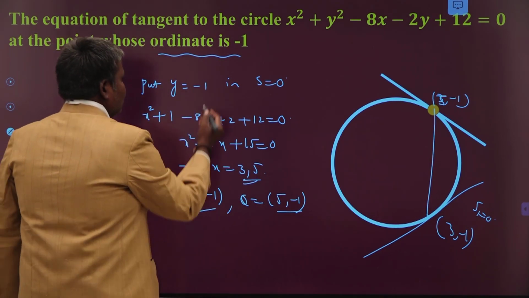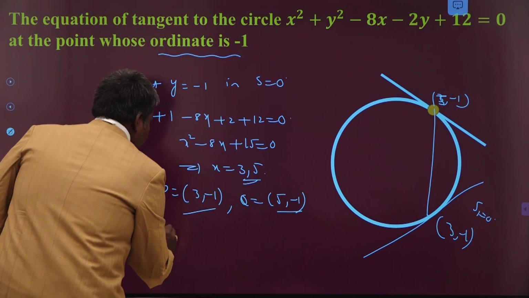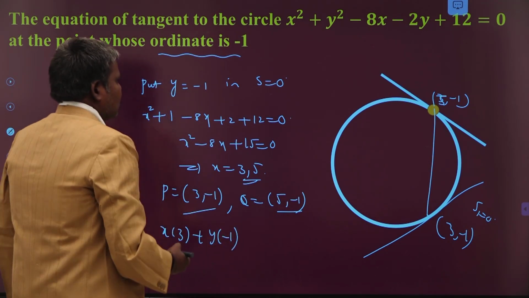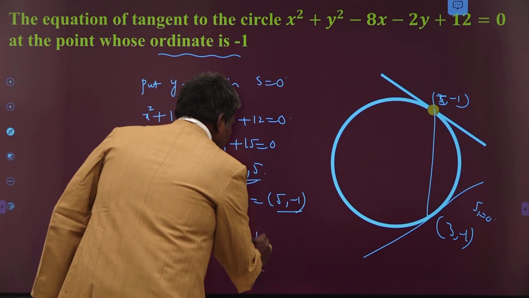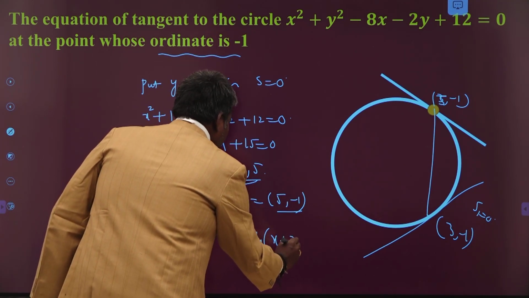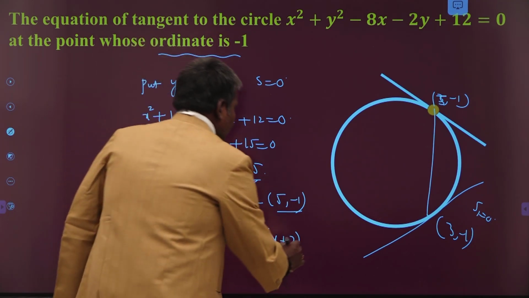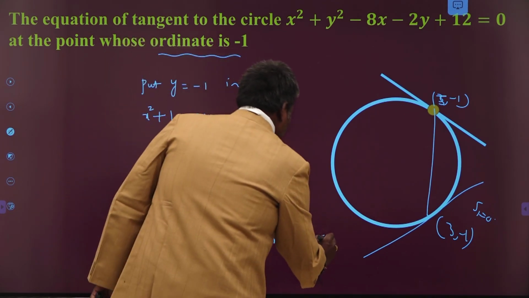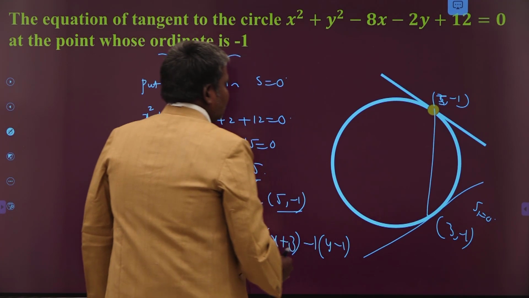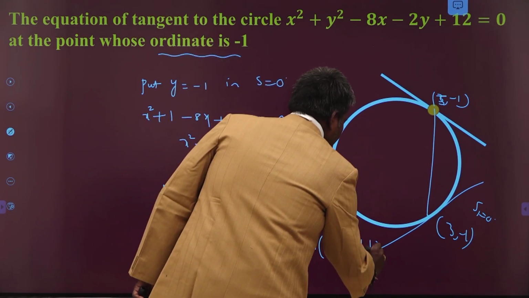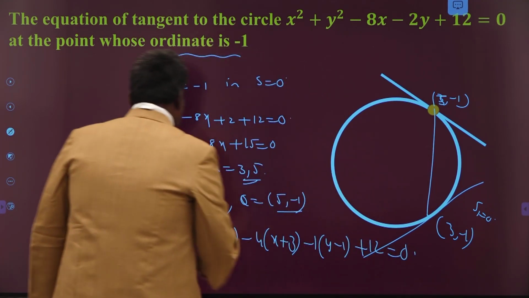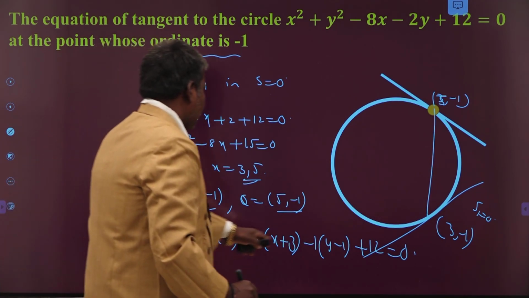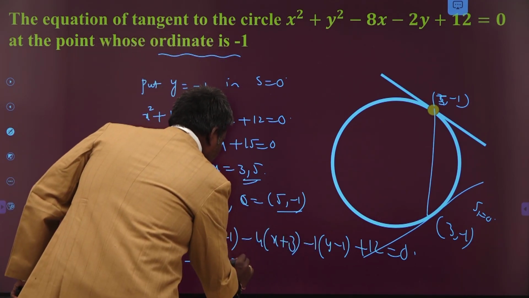What is S1 equal to 0? x x1 plus y y1, that means x into 3 plus y into minus 1, plus g, minus 4 times x plus 3. Again minus 1, f is minus 1 here, y plus y1, y minus 1, plus constant 12, equal to 0. That means 3x minus 4x, that is minus x, minus y minus y, that is minus 2y.